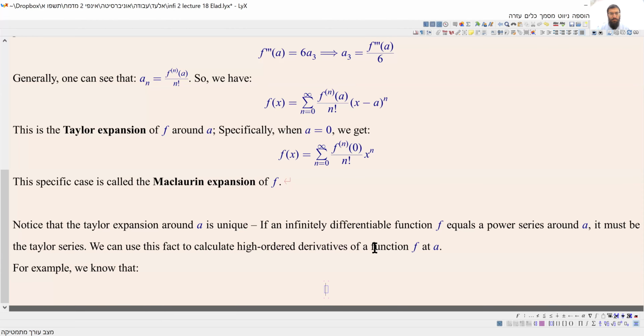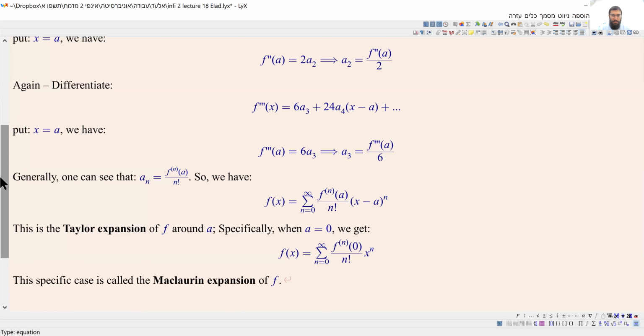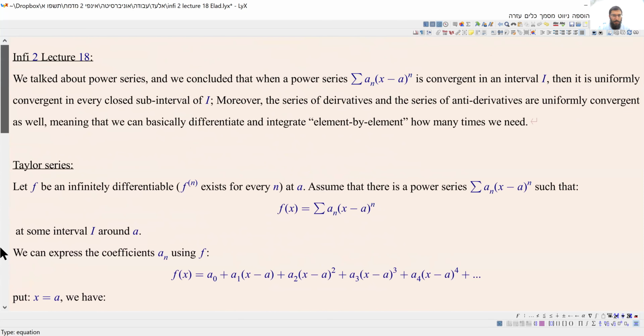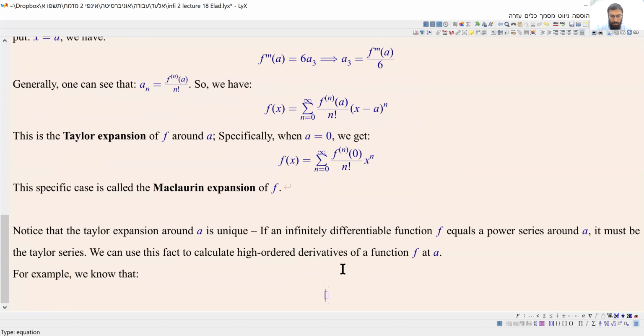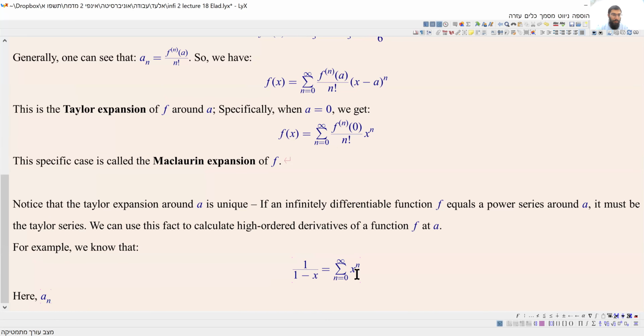we know that, and right now it's our only main example. We've already achieved some other examples using this basic one, but we know the geometric expansion, sum of x to the power of n. So here, an are all 1.